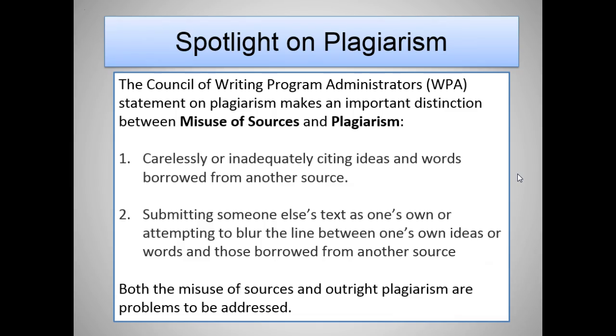So all of those citation problems that students have, where they don't have the right APA or MLA or Chicago format, or they have a period instead of a comma, or they forget to do the parenthetical in the proper way, or they don't italicize or put quotes in the right place, or they forget to put quotes and they paraphrase, or they paraphrase and they forget an author tag. The WPA is going to say in most cases that's not plagiarism. That is misuse of sources.